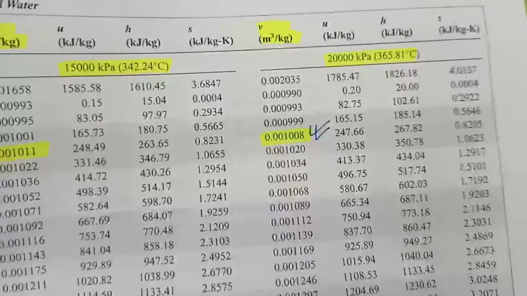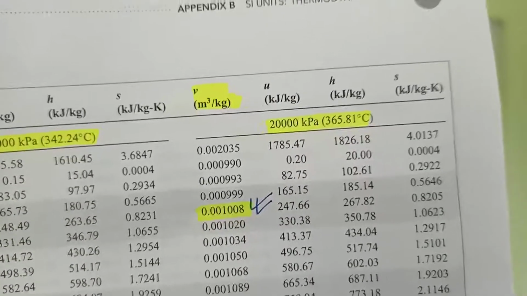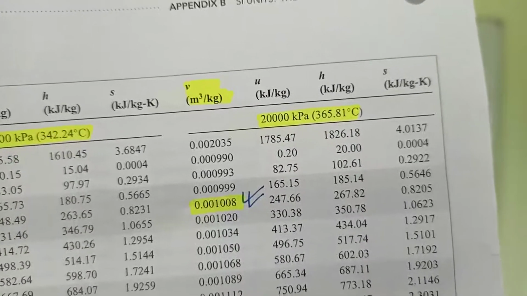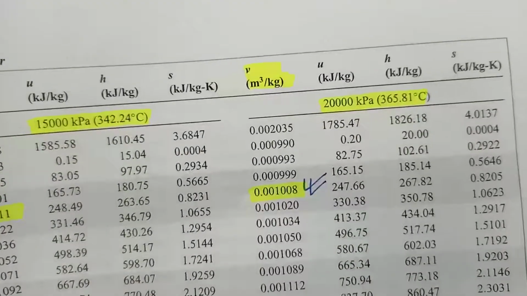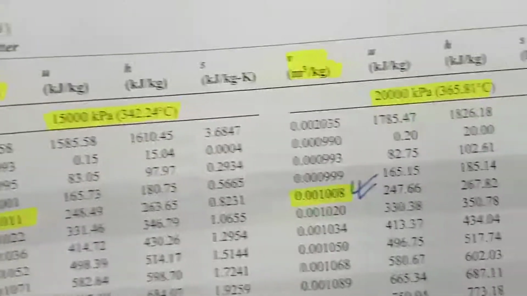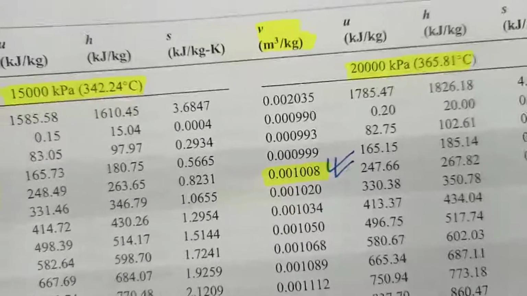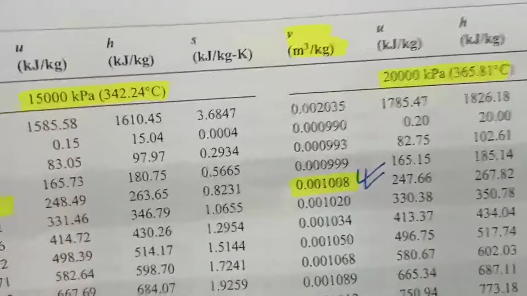What I am finding, with the pressure 20,000 kilopascal, the specific volume is quite near. At 60 degrees centigrade, the left side first column, it is 0.001008 meter cube per kg.